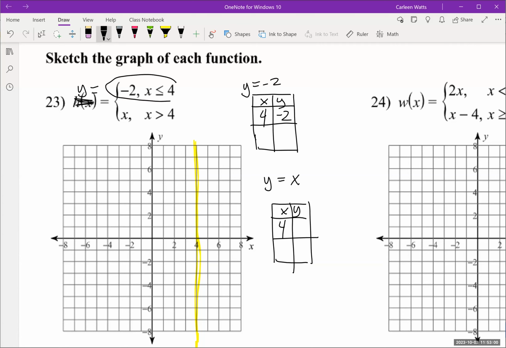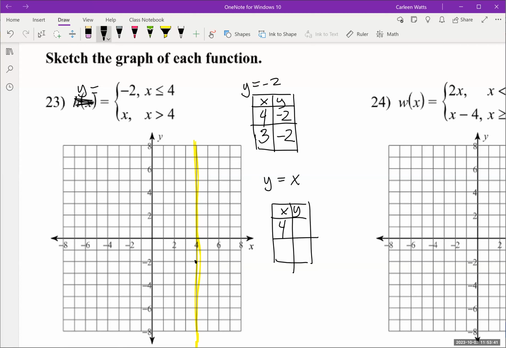Okay, for this one, my first number was 4. My second number needs to be less than 4. So let's do 3. Sometimes I go a lot less because otherwise they're really close together. But this is a horizontal line. If x is 3, y is still -2. So x is 4, y is -2.